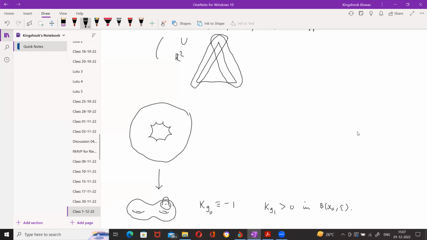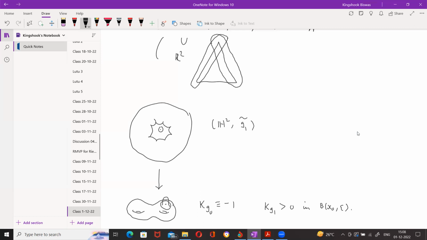Now you lift this to the universal cover. So you look at H2 with the lift of this metric, G1 tilde. So this will have points of positive curvature.